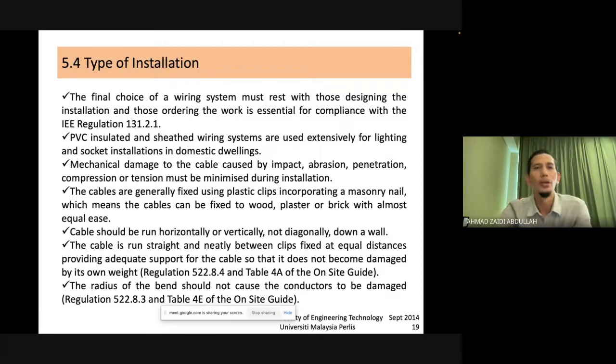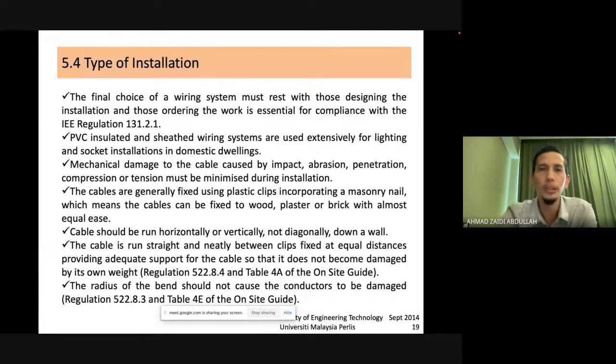Okay, so the installation. We need to understand the type of installation of the cable, because when we design the cable, one of the criteria we must consider is the type of installation of the cable.